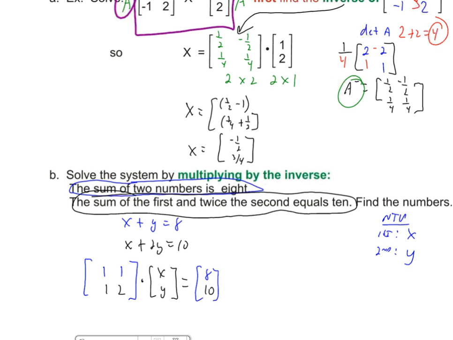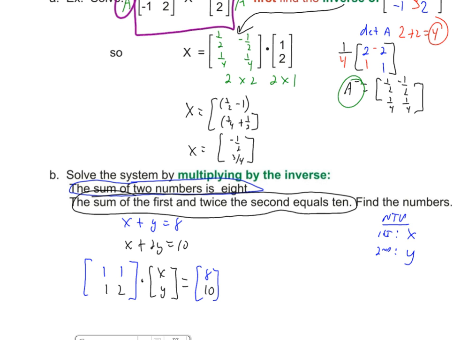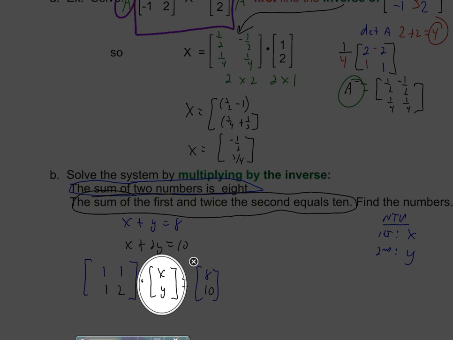Okay, so let me show you what we're doing here. So this right here, this XY, is like the X variable there. Because again, remember we said X was a matrix, and XY is a matrix. So what we want to do is we want to solve for XY, that matrix.